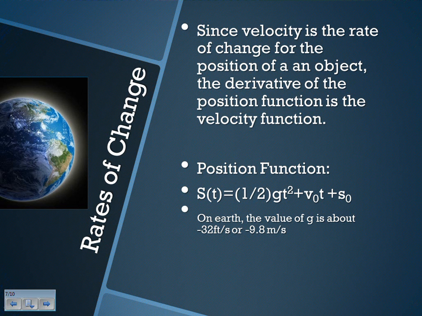And this brings us to one of those big ideas we talked about at the beginning of the course. That was one of the problems that algebra fell short with. We could not find instantaneous velocity. We could find average velocity, but we could not find instantaneous velocity. Now we can.